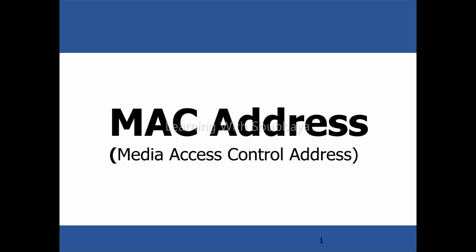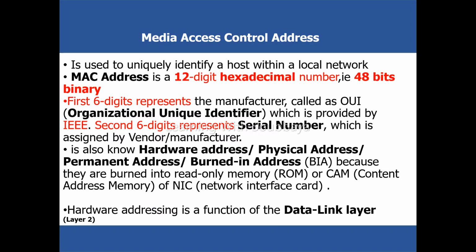That's what we are going to study about the MAC address. MAC address is nothing but media access control address. How does it look? It's a 12-digit hexadecimal number, which is divided into two portions, 6 digits and 6 digits. The first 6 digits represent the OUI number, and the second 6 digits represent the serial number.